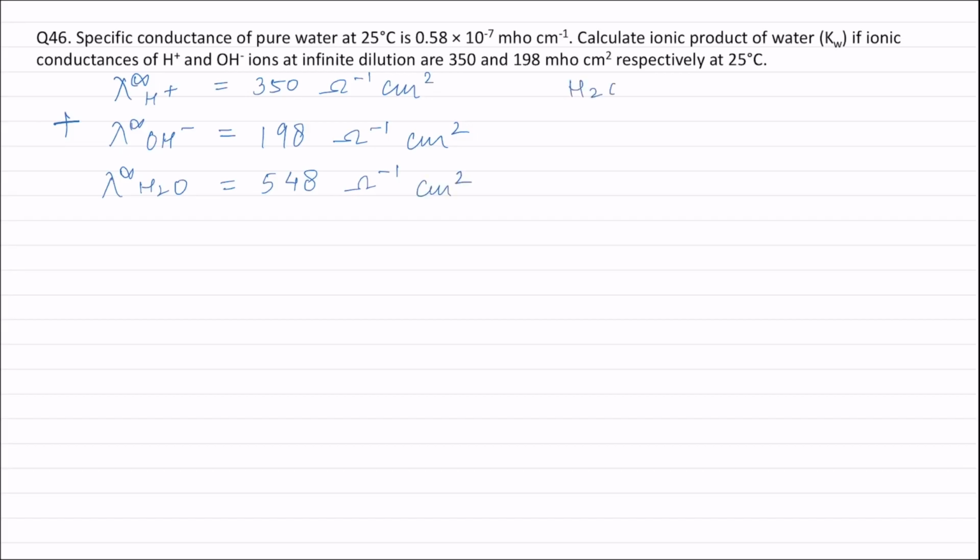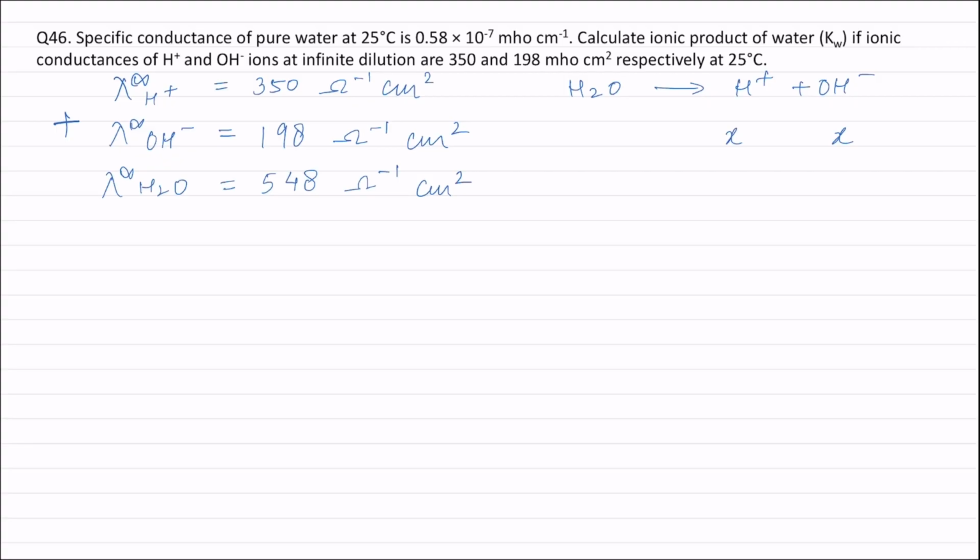Now H2O dissociates to form H plus and OH minus ions. Let the concentration of H plus ions be x moles per liter and OH minus ion be x moles per liter. Now since the charge on both H plus and OH minus ions is 1, therefore number of moles of H plus ions is also equal to number of equivalents of H plus ion, and number of moles of OH minus ion is also equal to number of equivalents of OH minus ions.